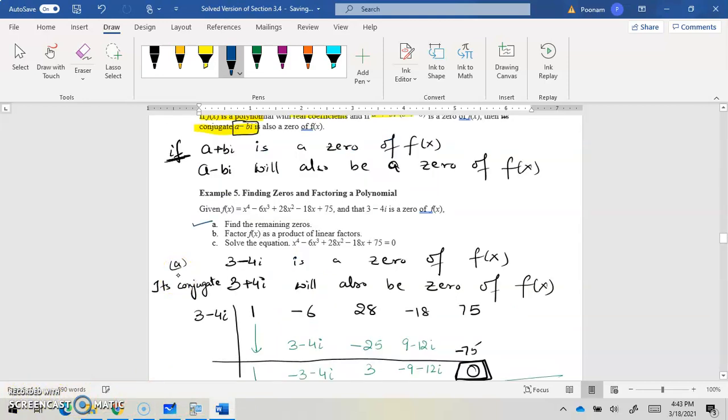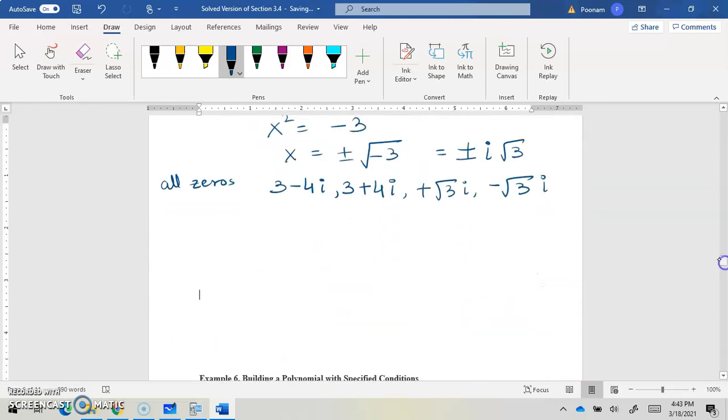So we did the first part. We can do the second part, just writing the factors from the zeros. That will be easy. The factors come in the form of x minus c, right? The c is coming from the zeros.